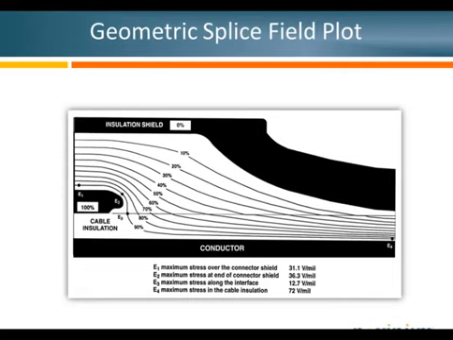All right, so let's look at joints now that we've looked at terminations. And most of your push-on joints, your EPDM, some of your cold shrink joints use geometric stress control, just like the geometric terminations that were originally there.